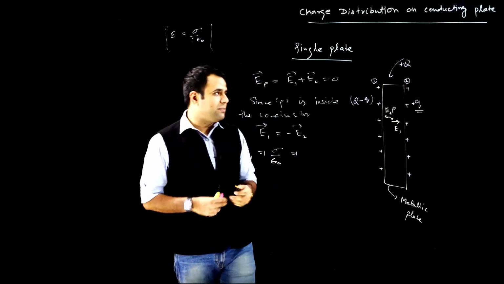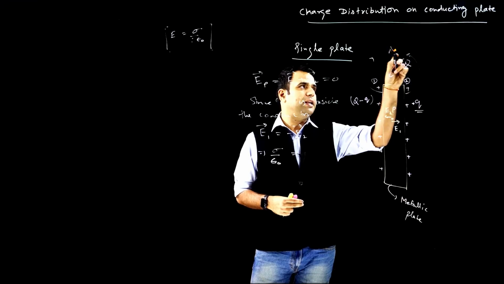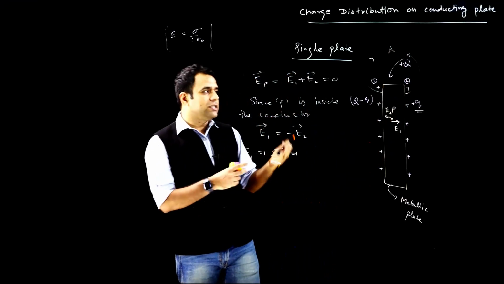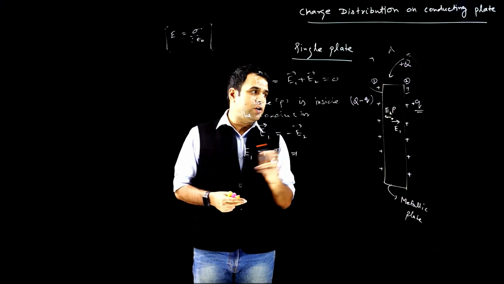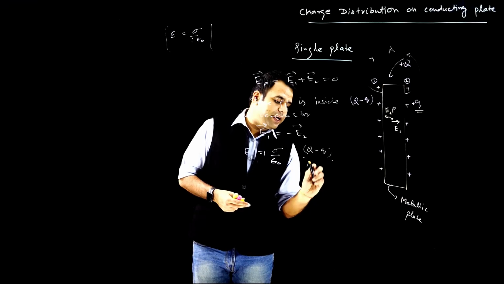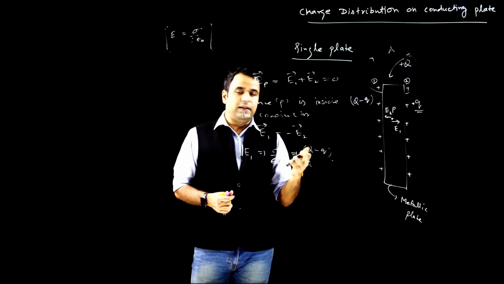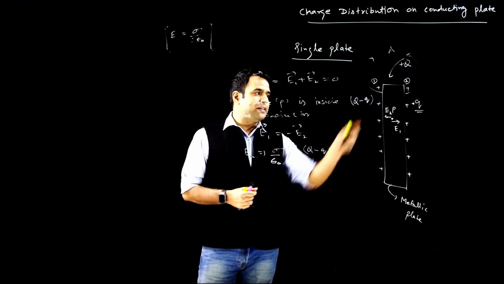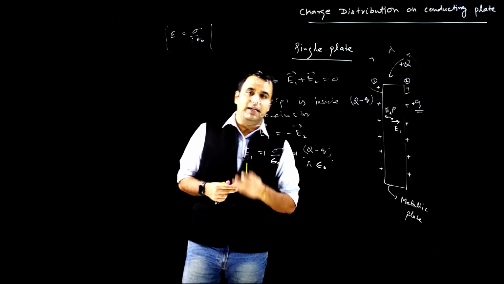The cross-section area on both sides, I'm taking as capital A. Sigma is total charge divided by total cross-section area. So the total charge on side 1 is capital Q minus small q, divided by capital A. That becomes the density on side 1, and if you divide by epsilon naught, you get the electric field.